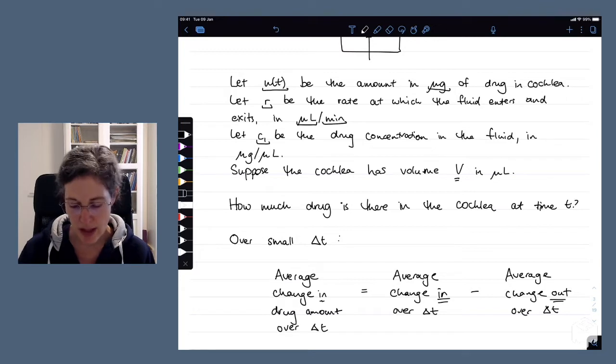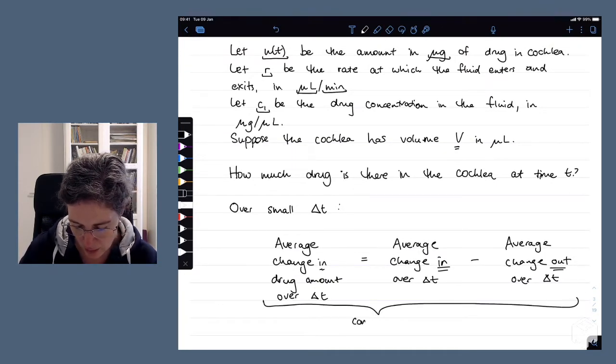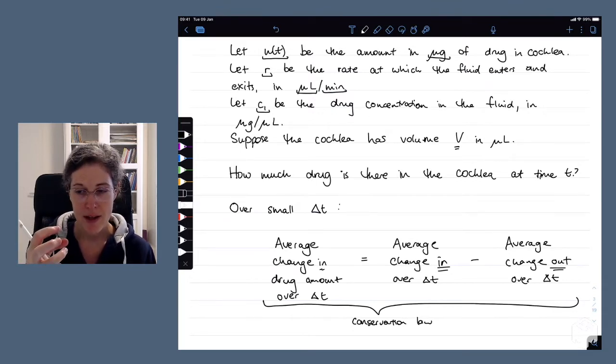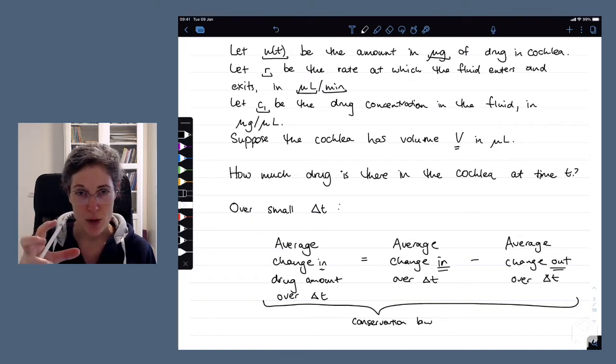This is really a conservation law, and you've probably seen things like this all over the place. It basically says if you're not creating or destroying something, then in any system that you're measuring, what goes in less what goes out tells you the total change in that system. You've seen this before if you've done any physics.